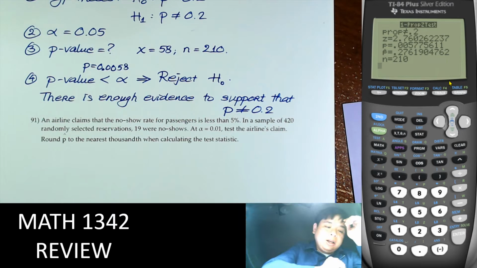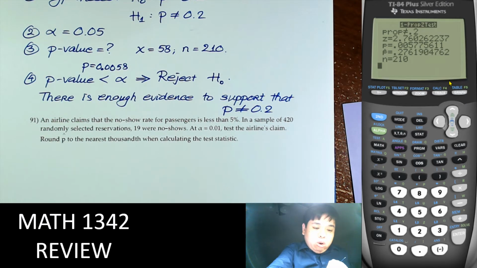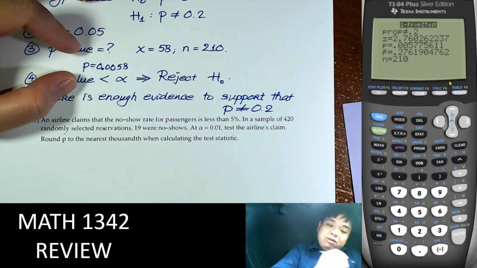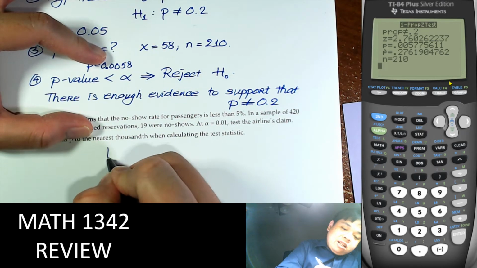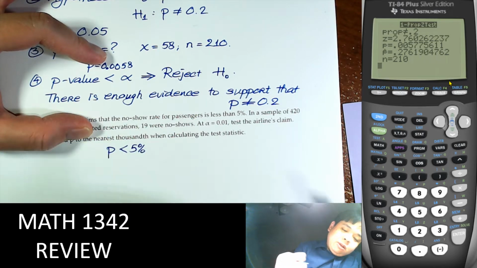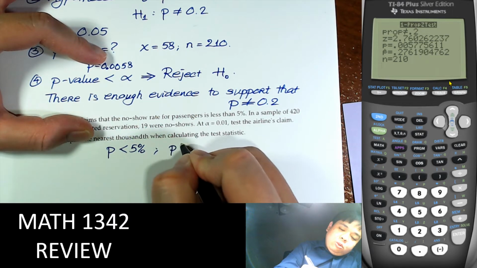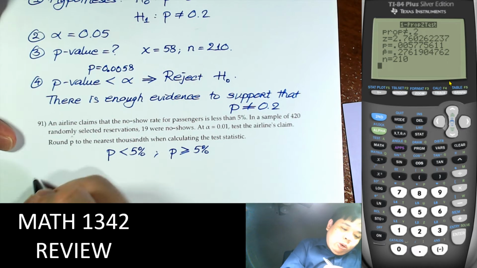Right, next, an airline claims that the no-show rate for passengers is less than 5%. So the rate is less than 5%, and the complement will be greater than or equal to. So we write the hypotheses.